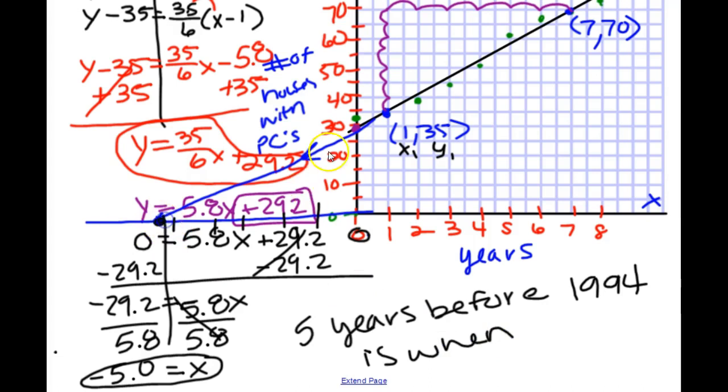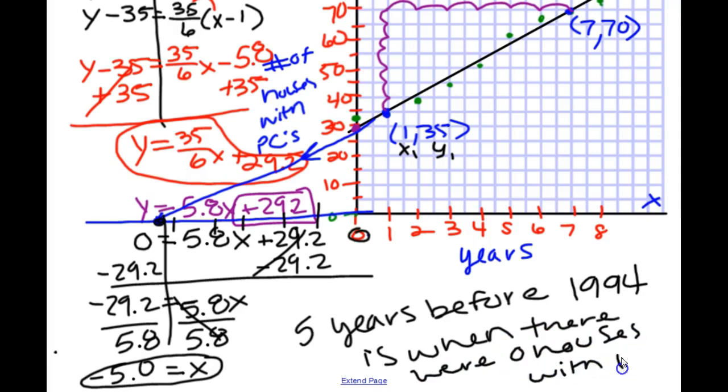When what was at 0? And our y-axis was the number of houses with PCs. It is when there were 0 houses with PCs, because there had to be a time when no one had personal computers, and then we went up as time went on. This graph just started at 0 instead.